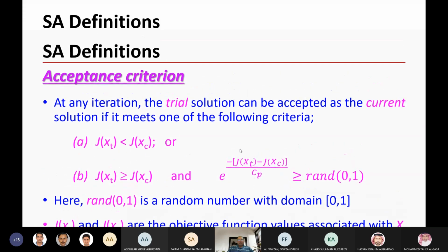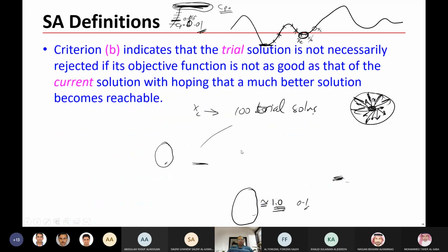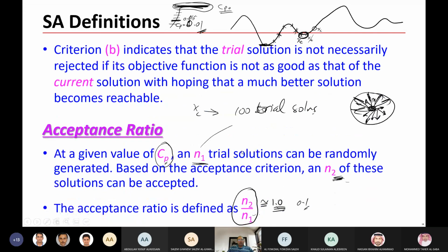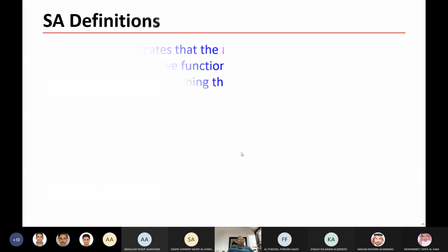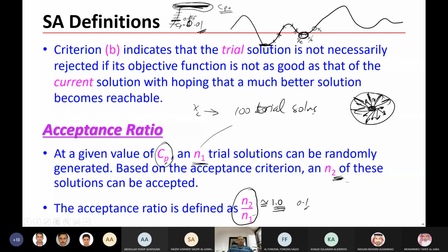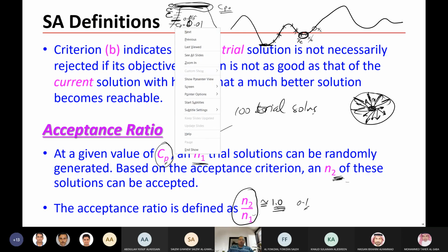If it is still below 1, then we heat up again and increase the temperature. We increase the CB step by step until we have the acceptance ratio approximately equal to 1. In this case, we can stop the heating up process and start the cooling down process.